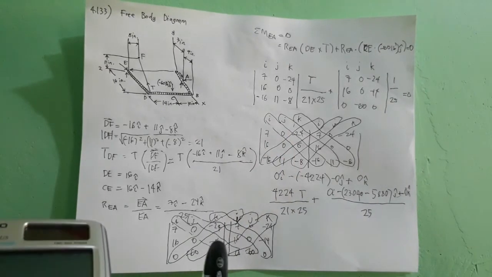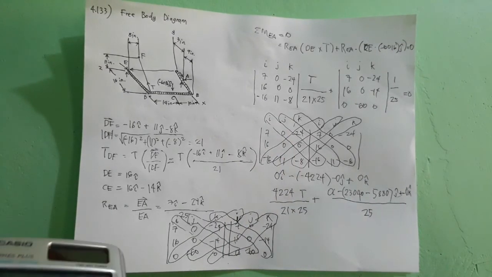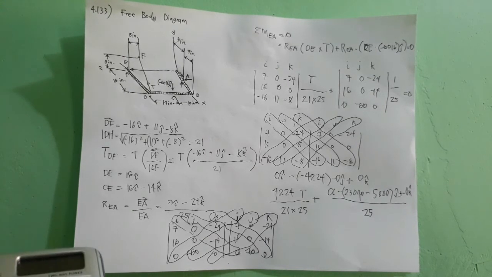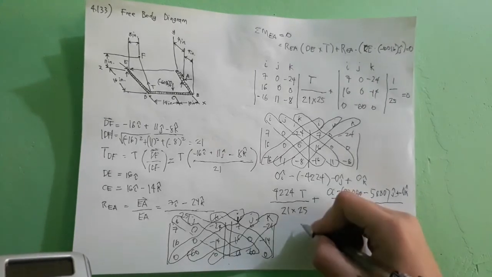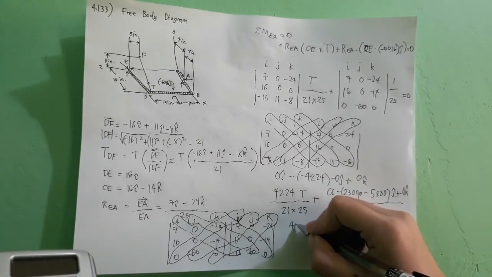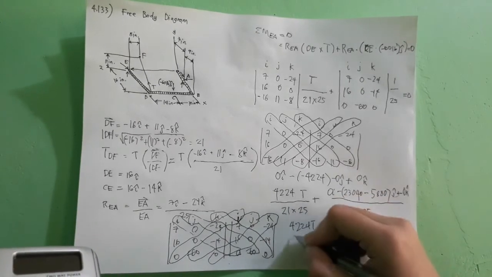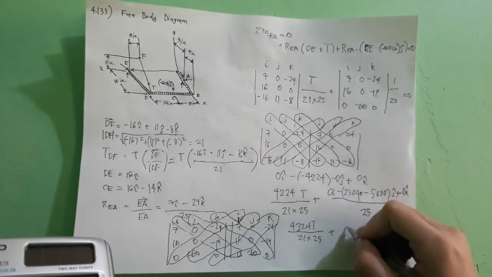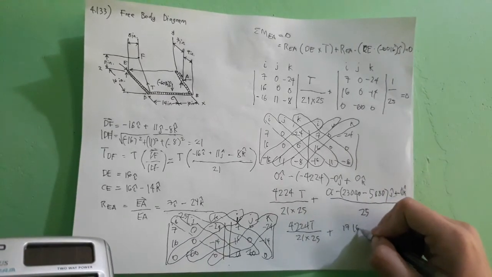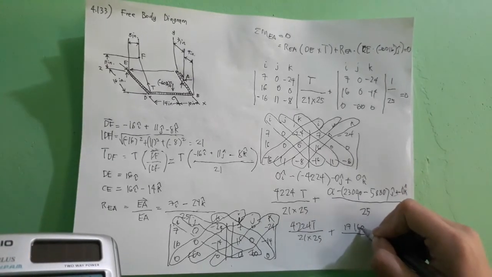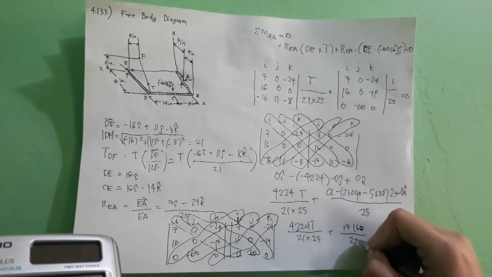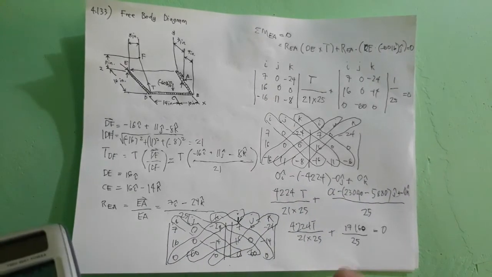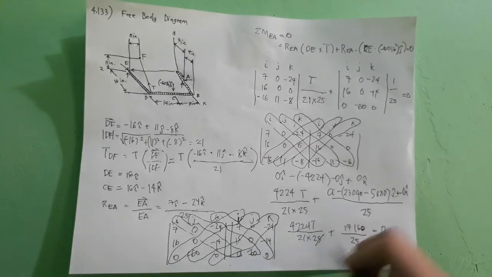So 23,040 minus 5,880 equals 17,160, over 25, is equal to 0. Cancel both 25.